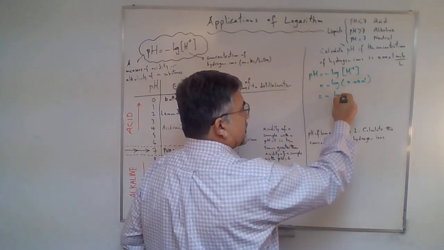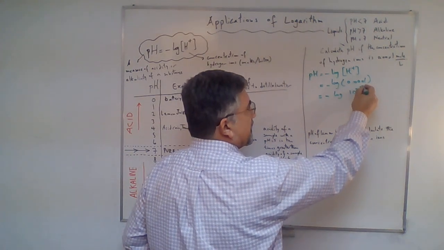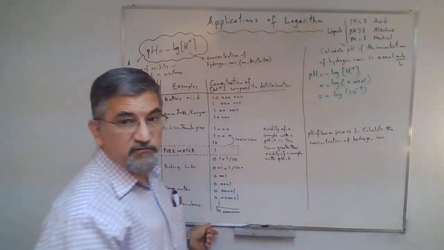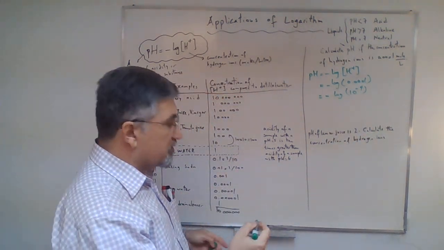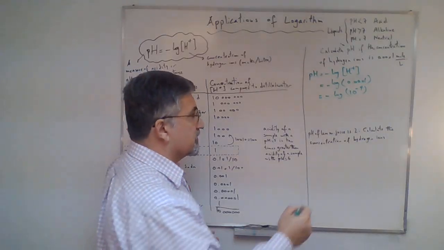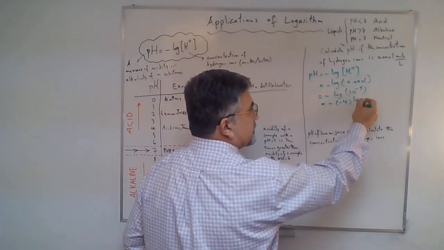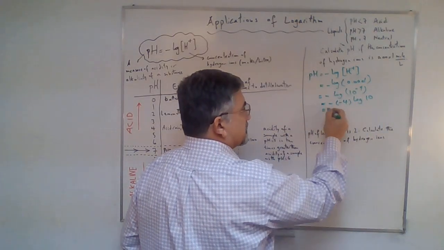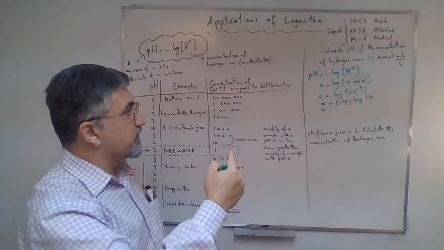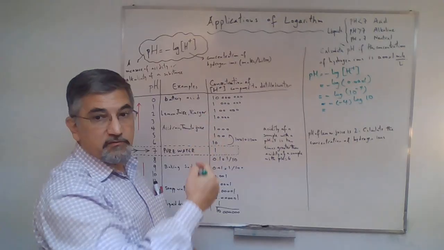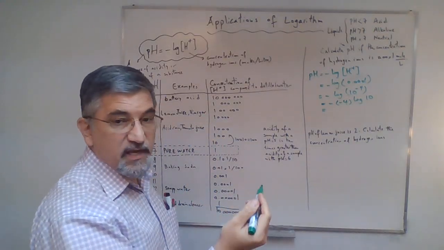And we can write the number in terms of a power of 10. That's 10 to the exponent of negative 4 clearly. And then we're going to use the power law of logarithm. So the exponent becomes a coefficient for the log itself. And because I said this formula has a common logarithm, the base is 10.